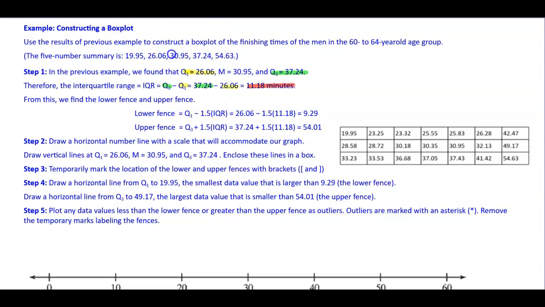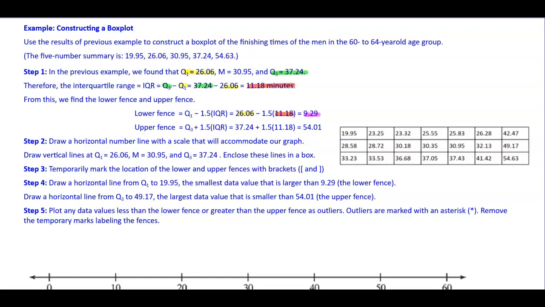Okay, so it's 11.18 minutes. In order to find the lower fence, we take quartile 1, which is 26.06, minus 1.5 times the interquartile range of 11.18 to give us the lower fence of 9.29.